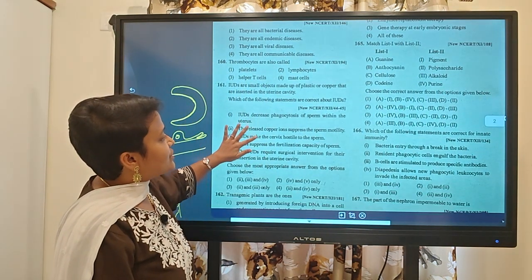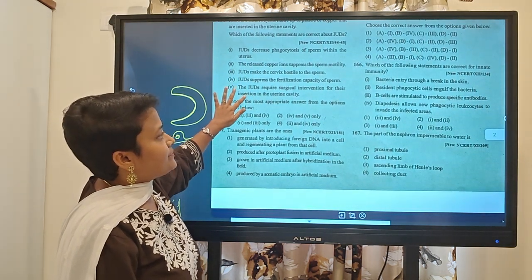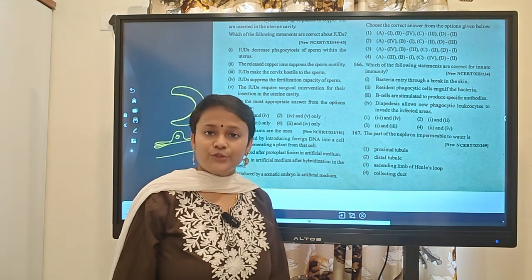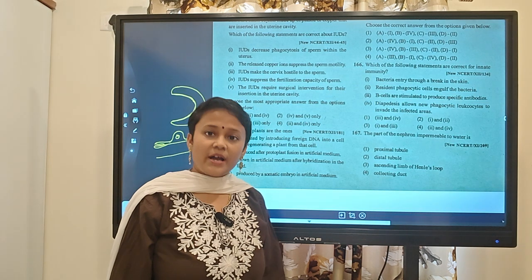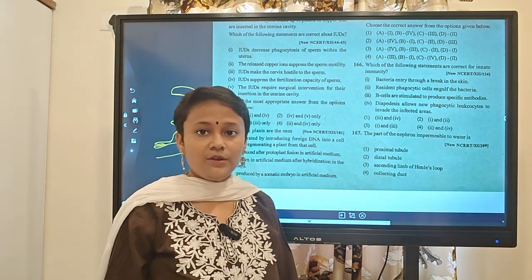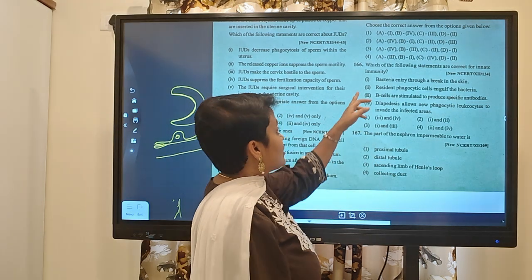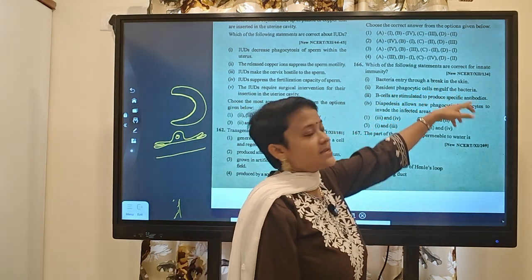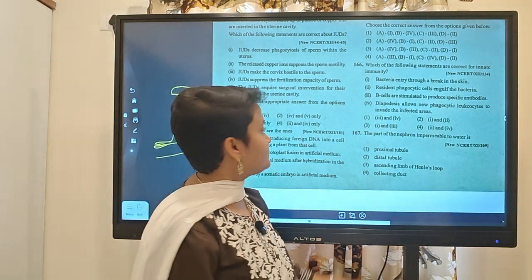166. Which of the following statements are correct for innate immunity? In innate immunity, there are physical barriers, physiological barriers, cellular barriers, and cytokines. There are 4, right, in innate immunity. So the options are given here. Bacteria entry through a break in the skin, right? Definitely, it will be the answer.